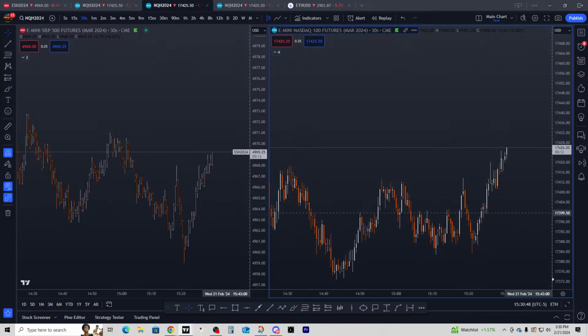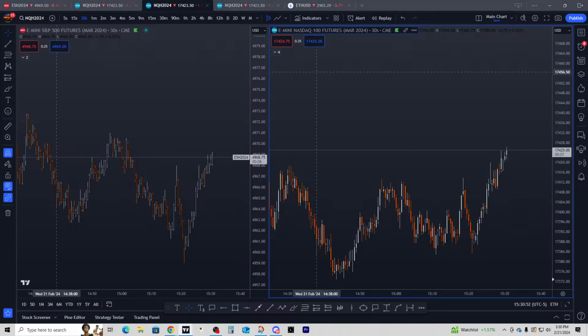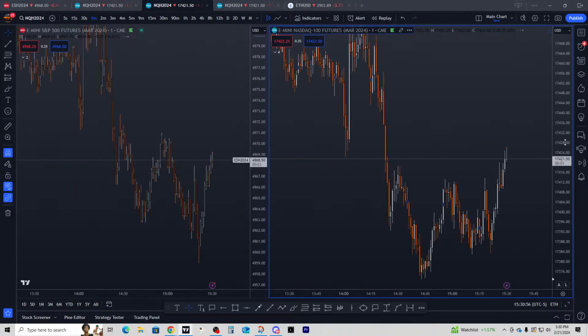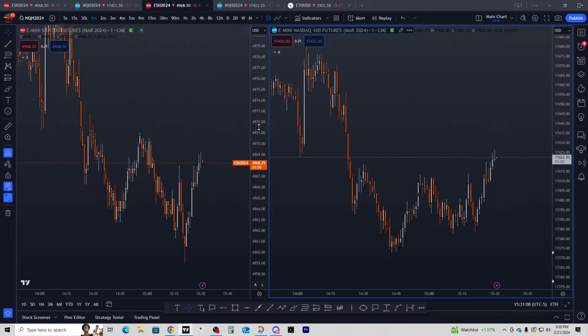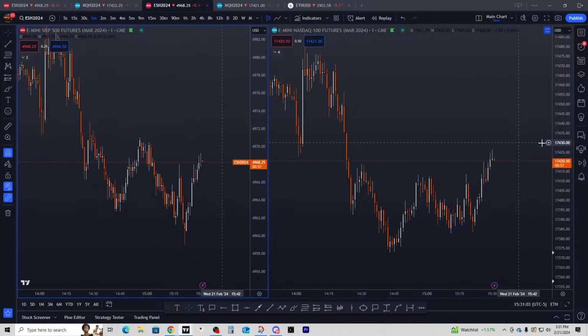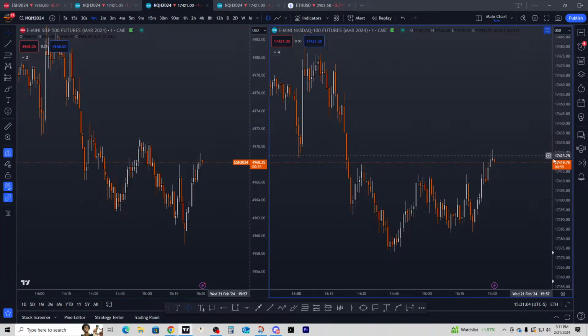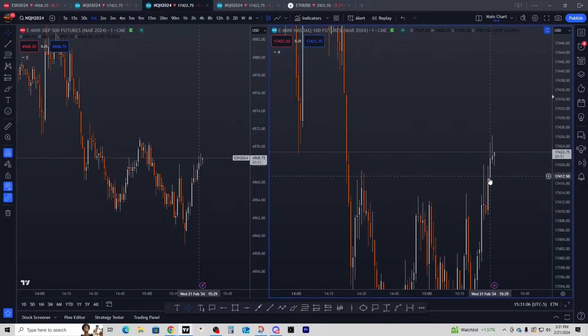So break even on that one. Got highs up here. Got this volume balance up here. Dipping into this 30-second fair value gap and leaving that fair value gap there.